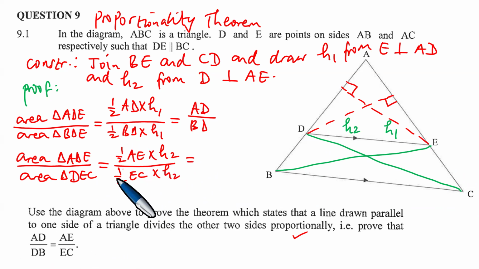Obviously, half cancels half, H2 cancels H2, giving us AE over EC. In the other one, half cancelled half and H1 cancelled H1, giving us AD over BD.